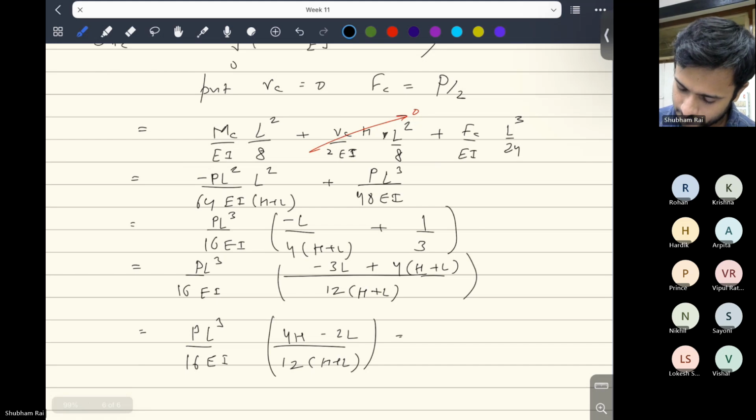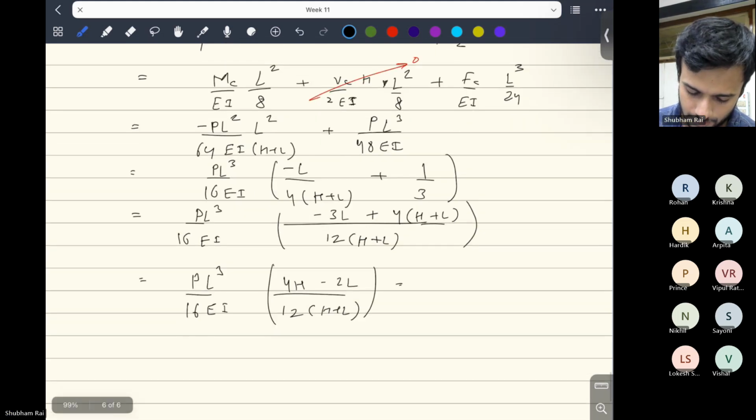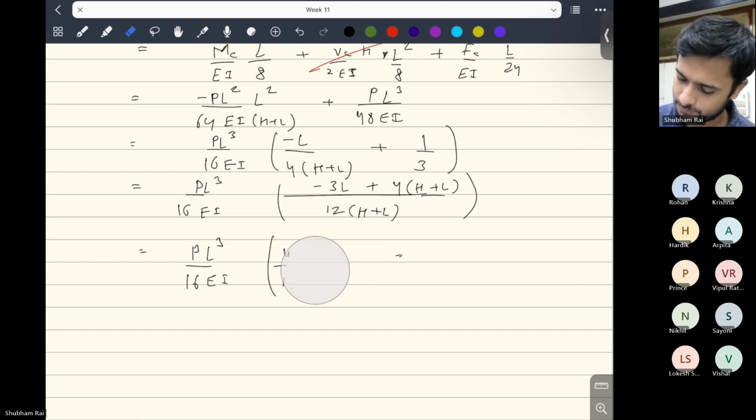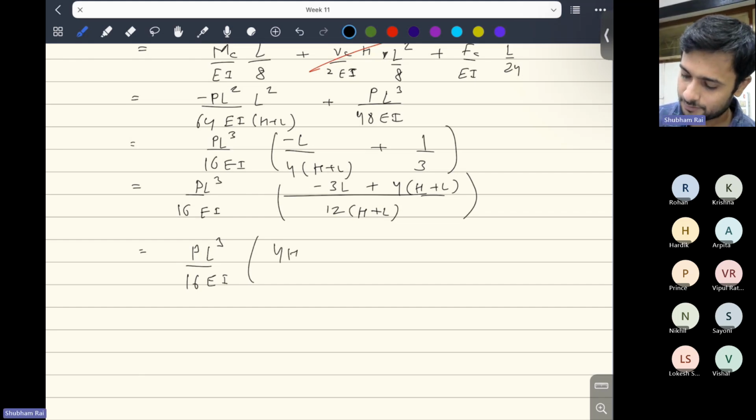This is fine. If we take commons, we'll get minus 7 here, and so 3 and 4. So finally, I think this is fine. So let me just say 4H minus 3L plus 2 minus 2L. Okay. So can you tell me, this is 4H and this 4L minus 3L, so that will be L plus L, right?